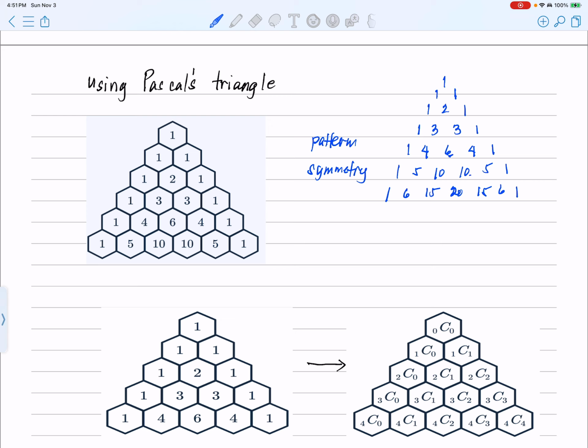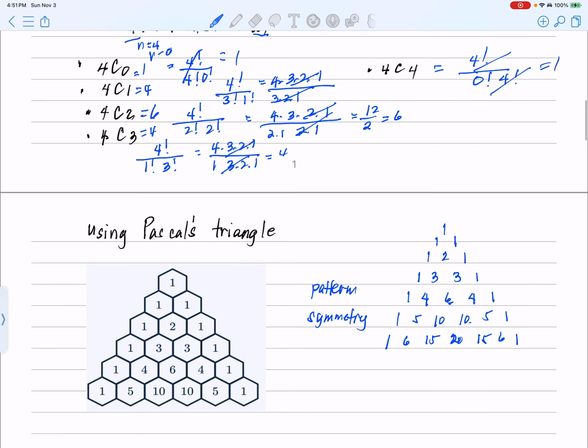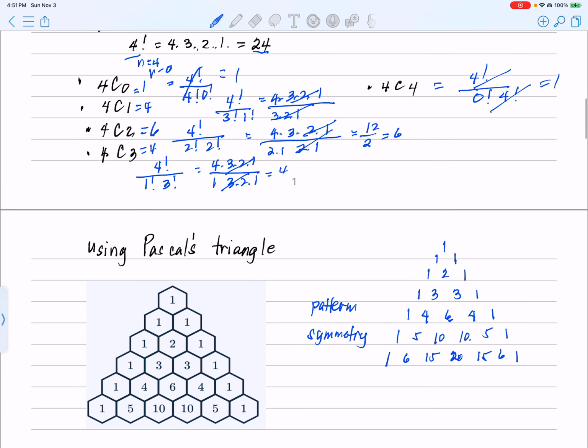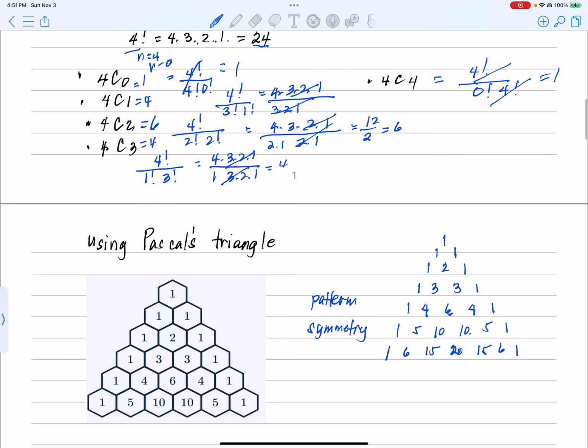All right. Now using Pascal's triangle, by doing what we did using the factorial, how does it correspond to 4 choose 0? 4 is the fourth row. This is the 0 row, this is the first, this is the second, this is the third, and this is the fourth row. Okay?